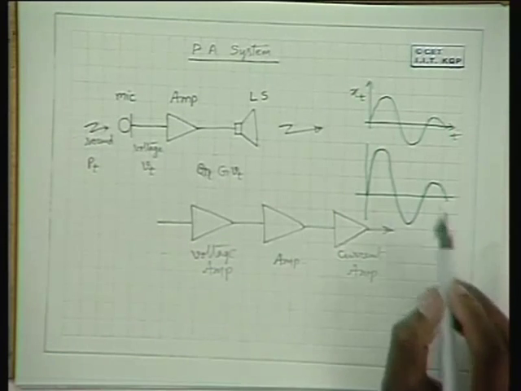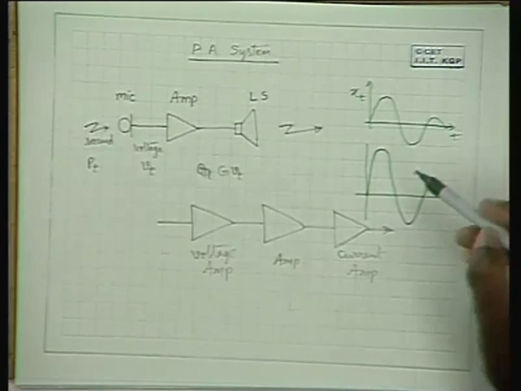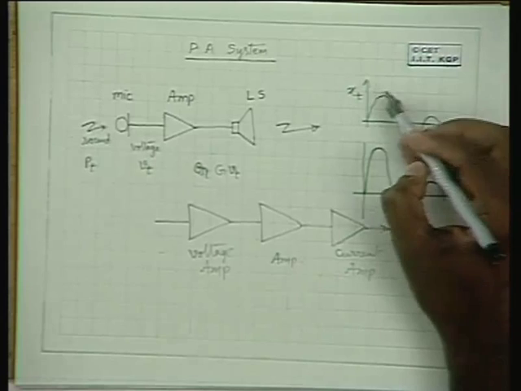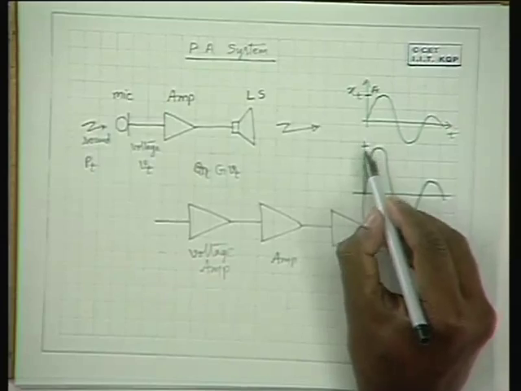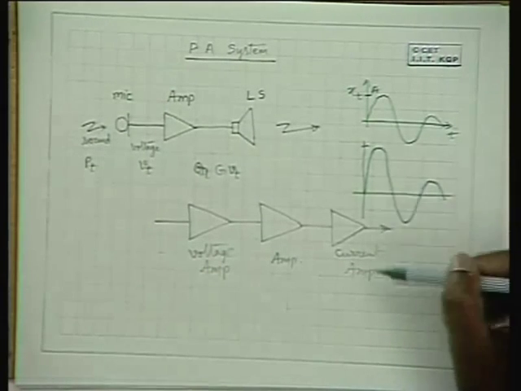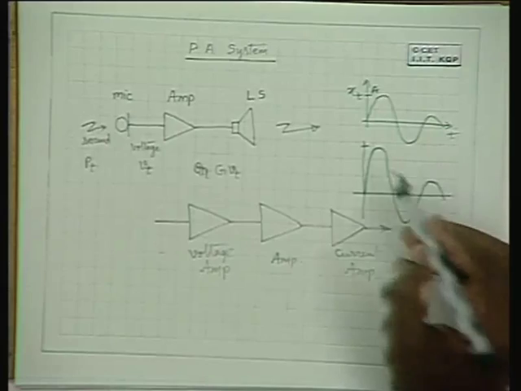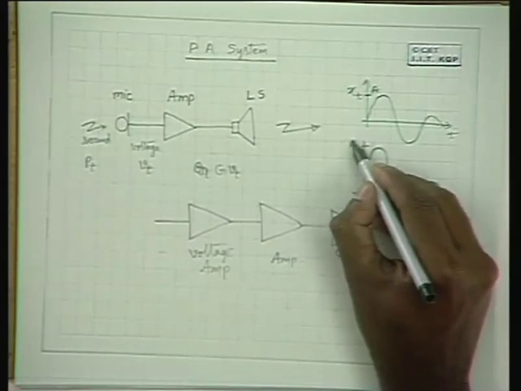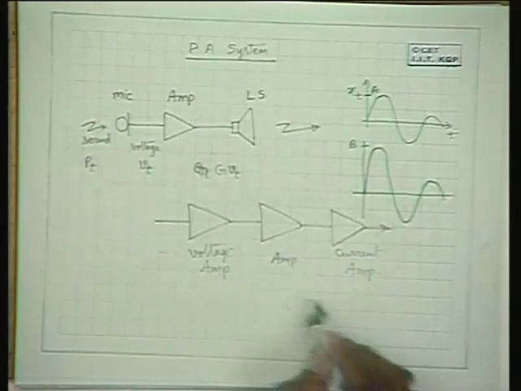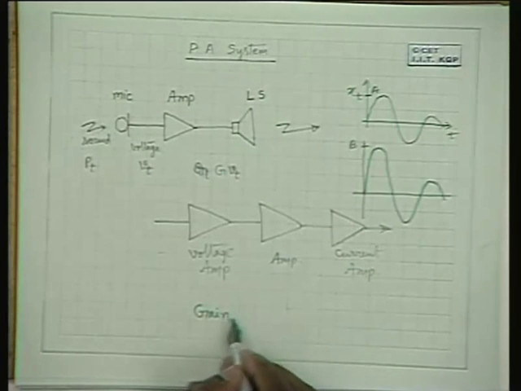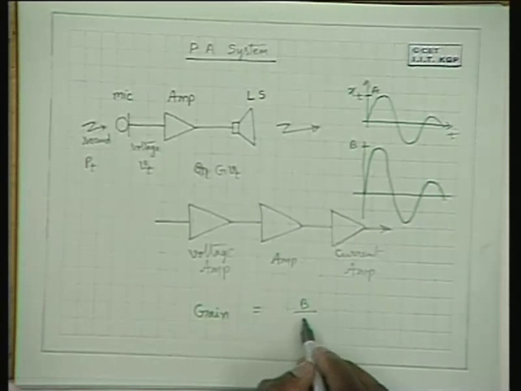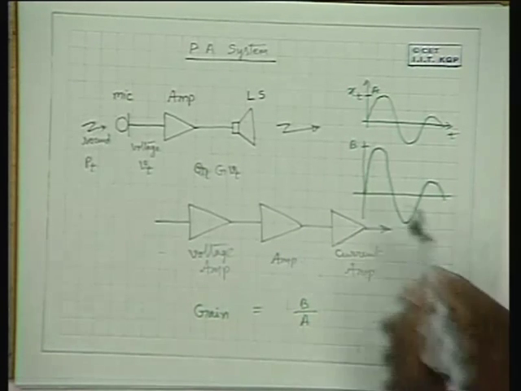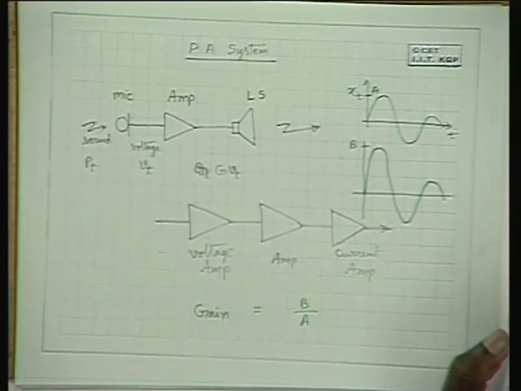What is the difference between these two? It is just an amplified version of this. That means if its amplitude level is something over here, now its amplitude level is much higher than that, and the ratio between these amplitude levels is known as gain. If this is A and this is B, voltage gain G is defined as B by A. It is as simple as that. So the shape remains the same, only the amplitude is scaled.